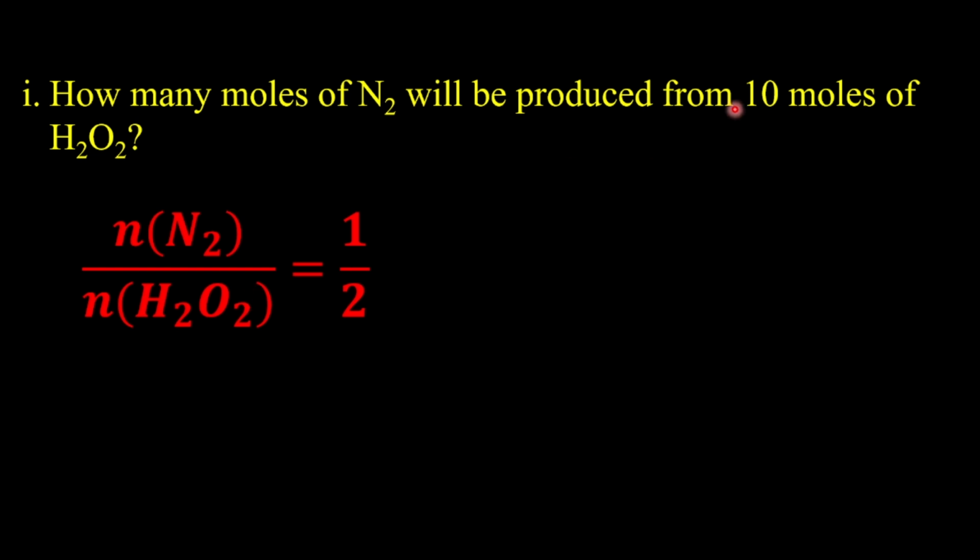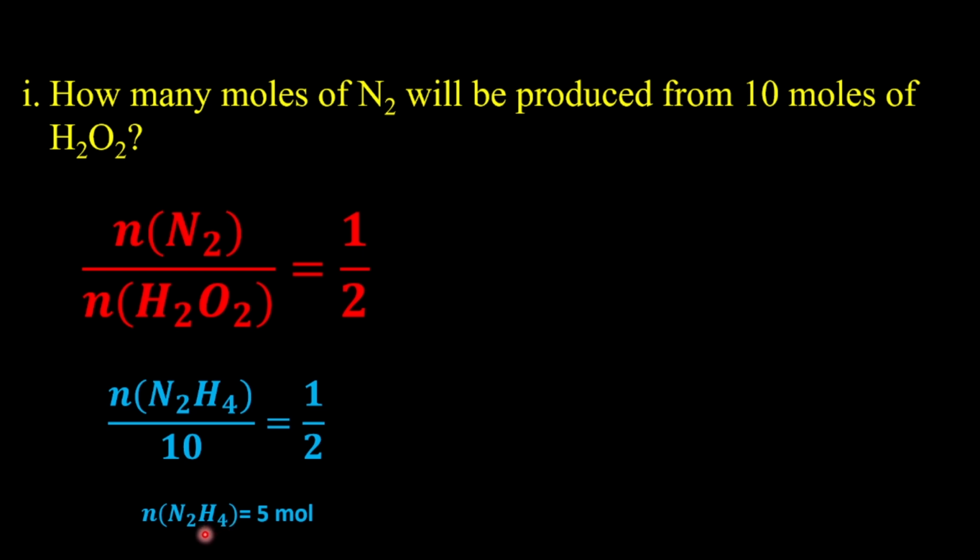So we insert the 10 moles. The question said 10 moles of H2O2, so the 10 moles here will replace what we have over here. So we have n of N2 over 10, which is equal to 1 over 2. When you divide this, you are going to get n of N2, which is equal to 5 moles.